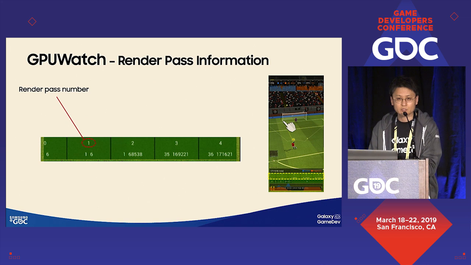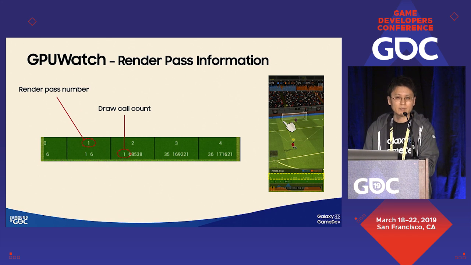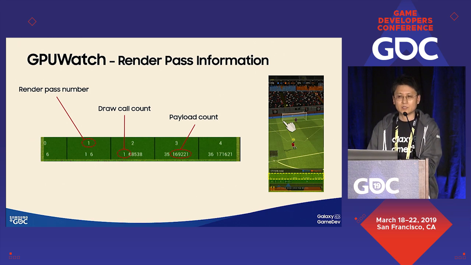As you can see in this example, there are 5 render paths, indexed from 0 to 4. And there are 2 more pieces of information, draw call count and payload count. With this information, you can know the status of each render path, how many draw calls and how many payloads there are.